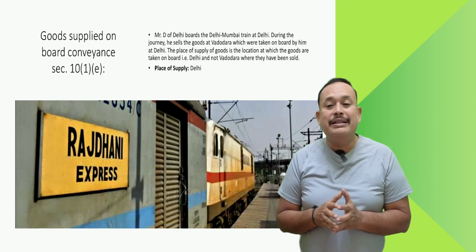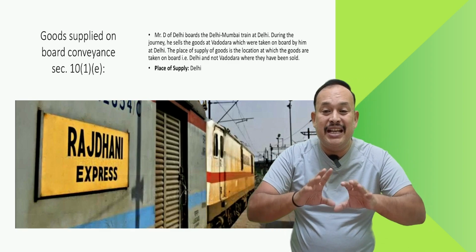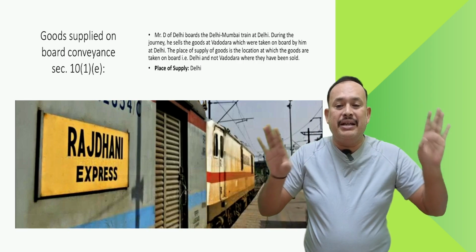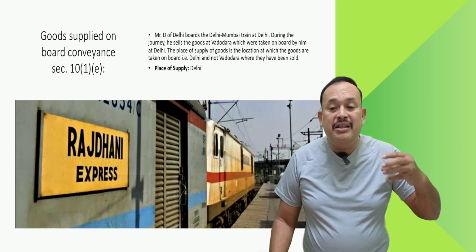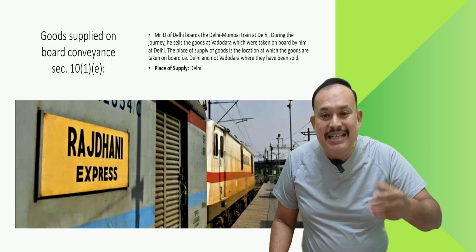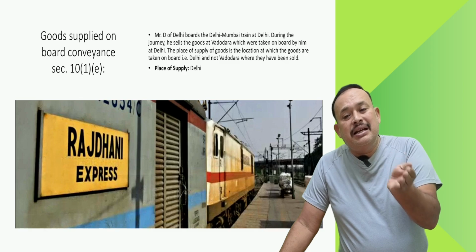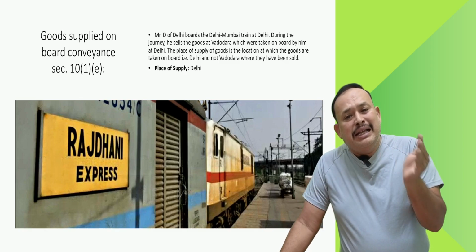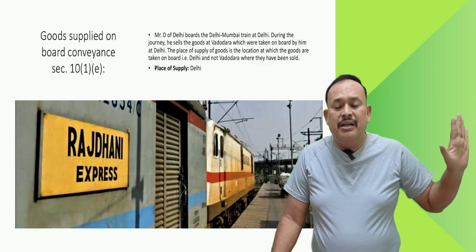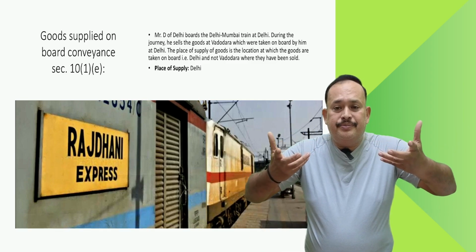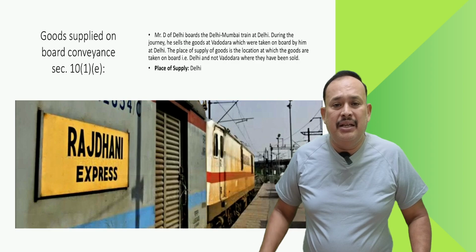If so, intrastate supply. Actual sale during the journey is not important. Where the goods have been taken on board is important. Though he may be selling at Vadodara, Mumbai, or New Delhi, it is immaterial. Taken on board is the place of supply in the given case.